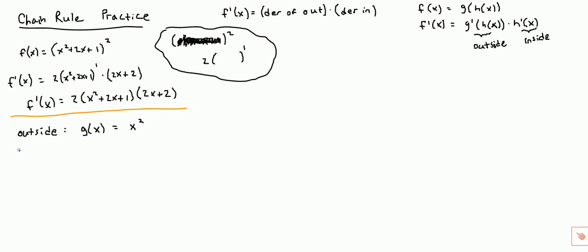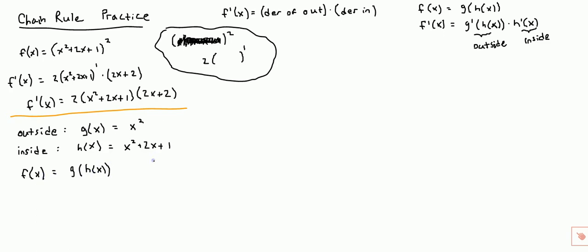Okay? And then we identify the inside. That is what's inside. We're going to call that h of x, and that's going to be x squared plus 2x plus 1. Okay? Then we can write f of x as g of h of x. Okay? If this is confusing, just plug in h of x and then check for yourself that we do get back f of x.